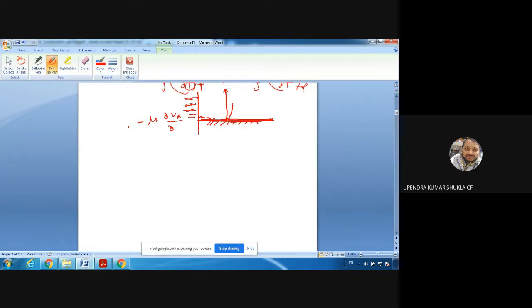Then velocity will increase in this direction and reach the free stream velocity. Suppose this is V infinity or V fluid, we sometimes write V fluid. So this is the velocity profile at this section, especially at x equal to something, let's say x dash. Now at this point itself, you will find this boundary layer thickness like this.